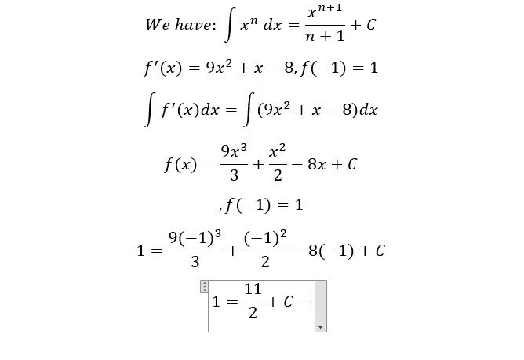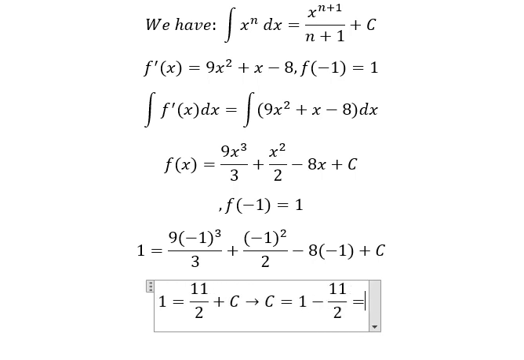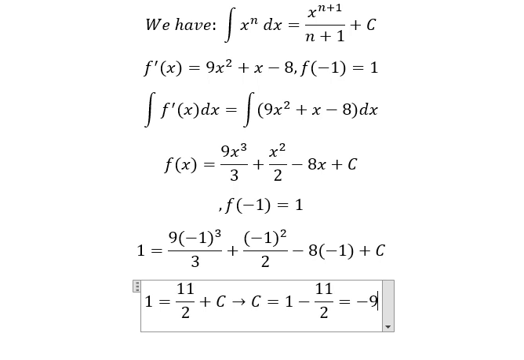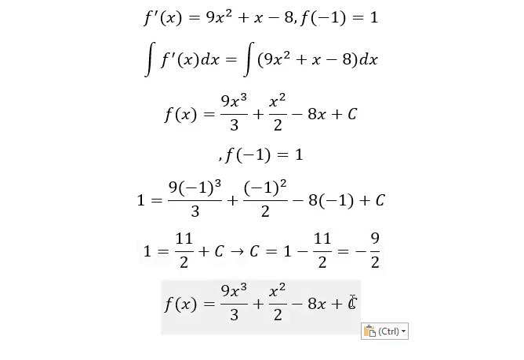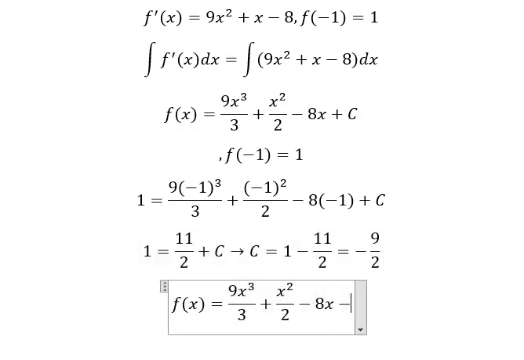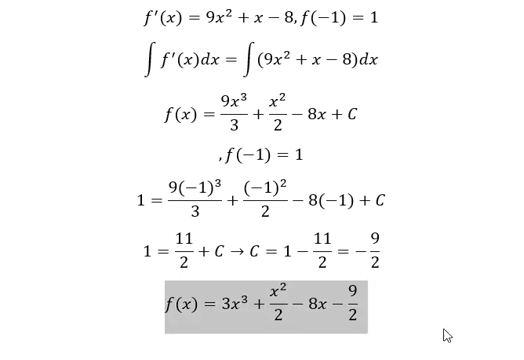So we can find the value of c. So this one, you got negative 9 over 2. So this one we put in here. This one, that is about number 3. So here is the final answer.